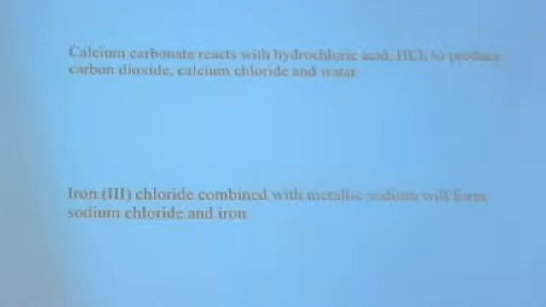What is it, HCl? Okay. Do we have to know the charges?